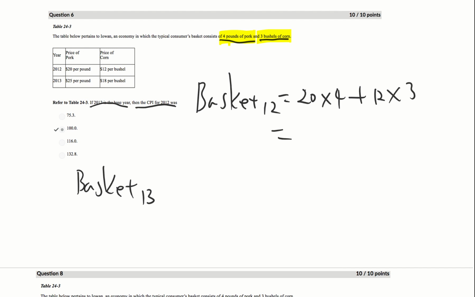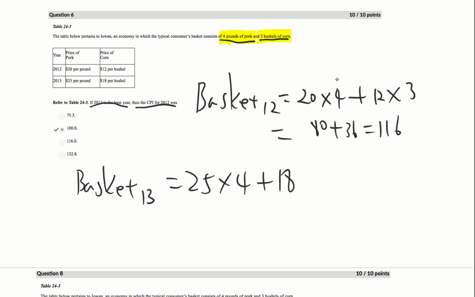This would be 80 plus 36. The answer should be 116. And then for 2013, this would be 25 times 4 plus 18 times 3, this will be 100 plus 54, so 154.